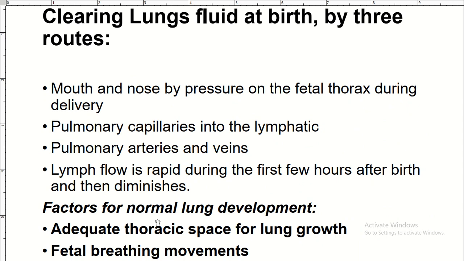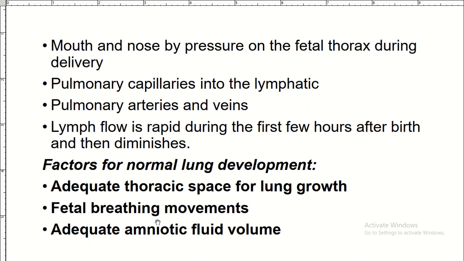Second, some of the fluid is going to be taken up by the pulmonary capillaries, and then drained into the lymphatic system. Lymph flow is rapid during the first few hours after birth, and then it diminishes, in order to empty the lungs and give the lungs space for air, for gaseous exchange.